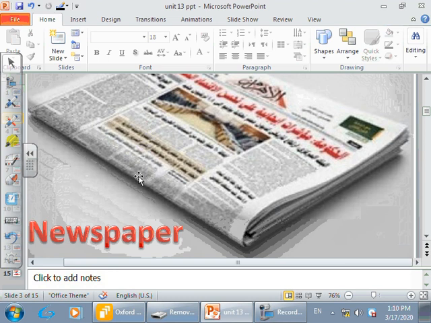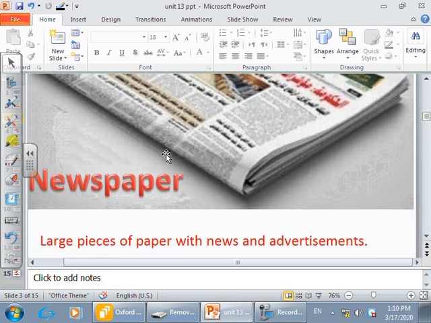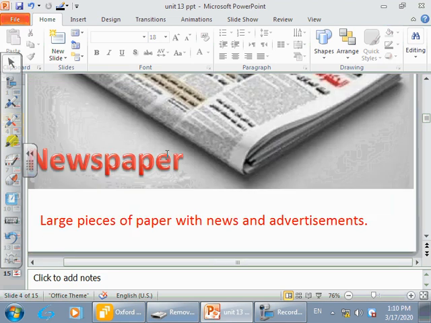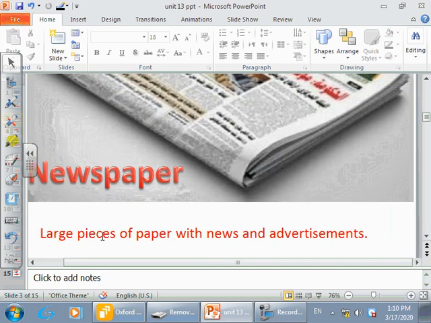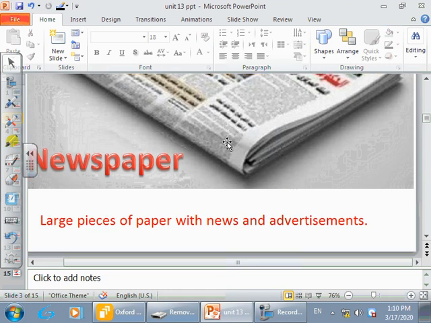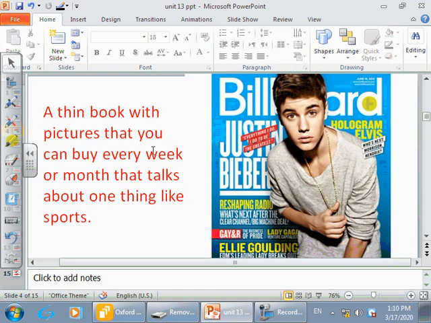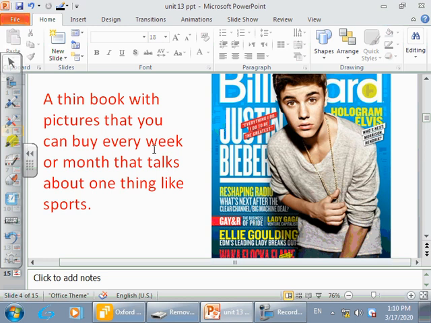What is this, guys? This is newspaper. What do you think the meaning of newspaper is? Perfect. Newspaper is large pieces of paper with news and advertisements. Magazine.